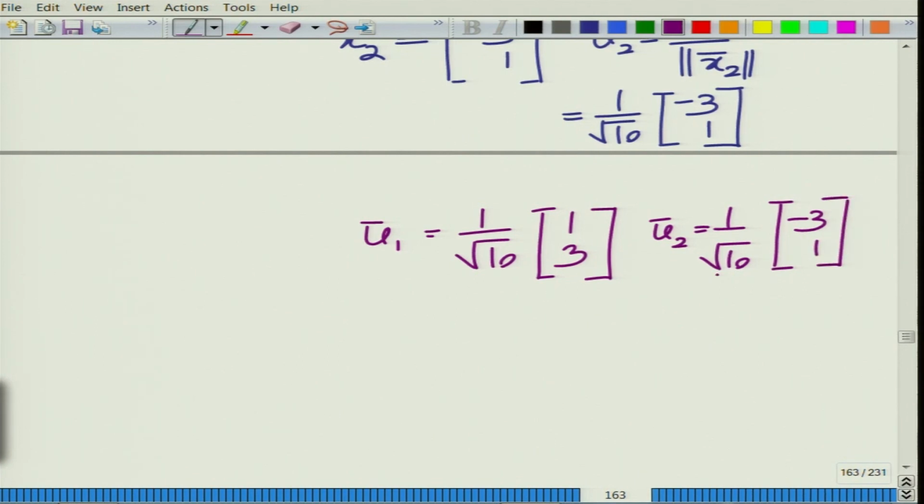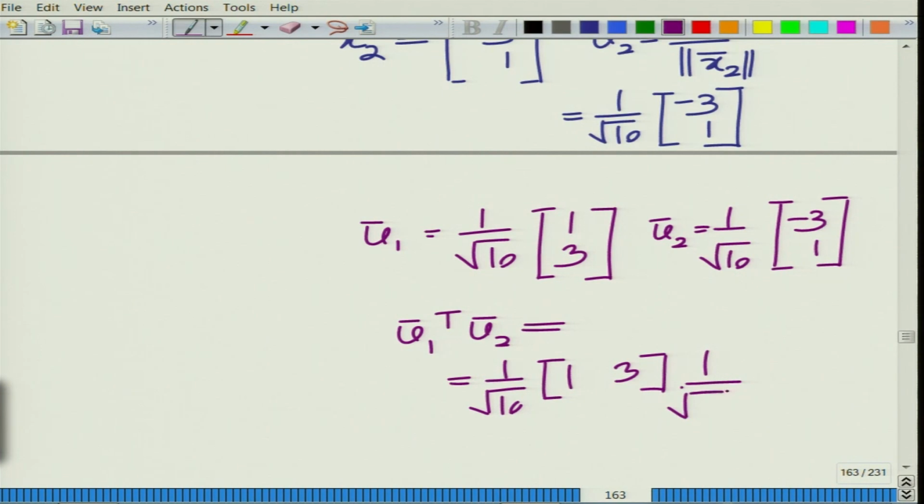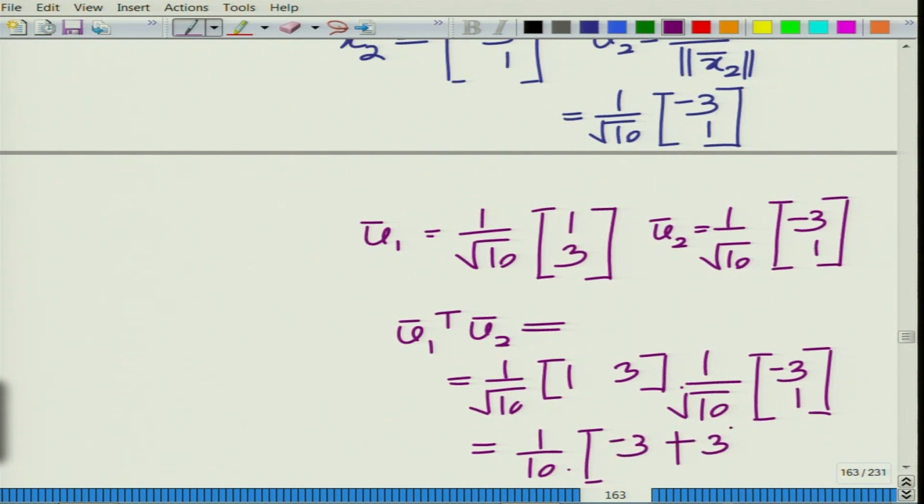It is not very difficult to see that u1 bar transpose u2 bar equals 1 over square root of 10 times 1 3, into 1 over square root of 10 times minus 3 1, and this is nothing but 1 over 10 into minus 3 plus 3, which is essentially 0.